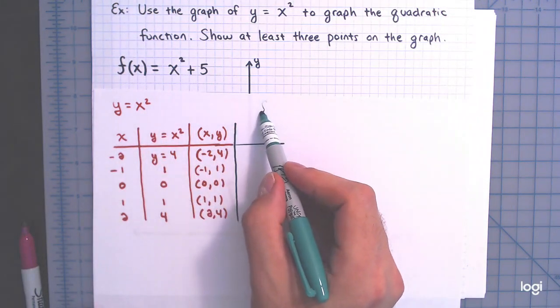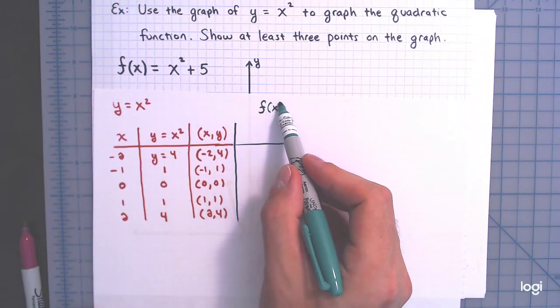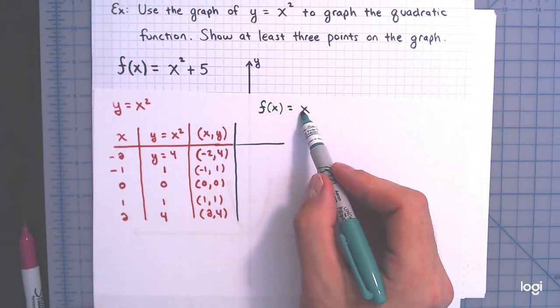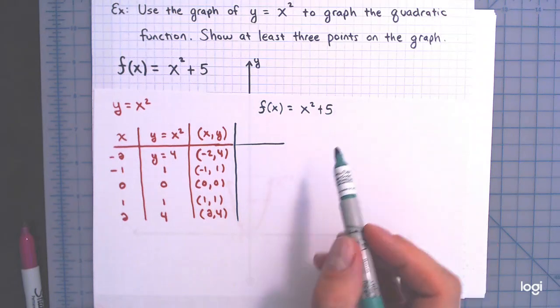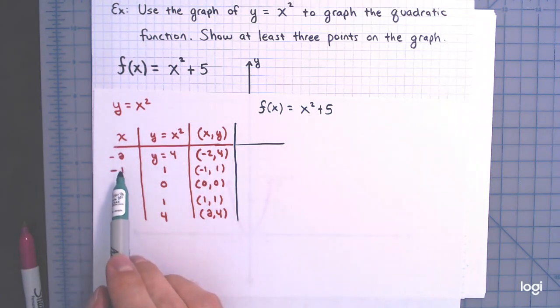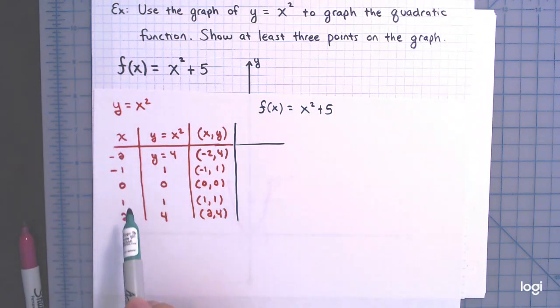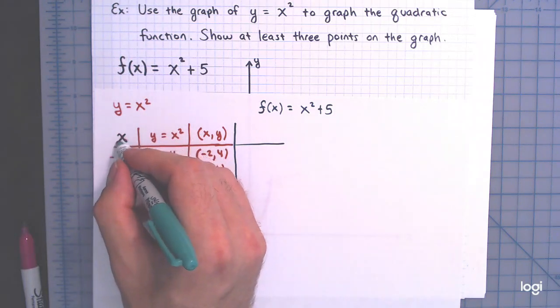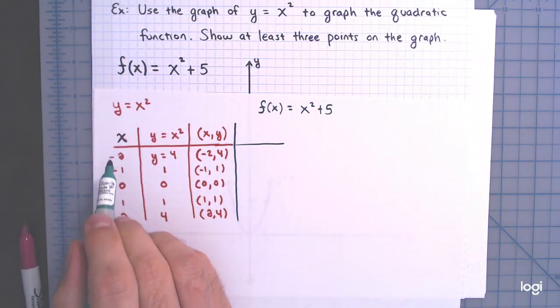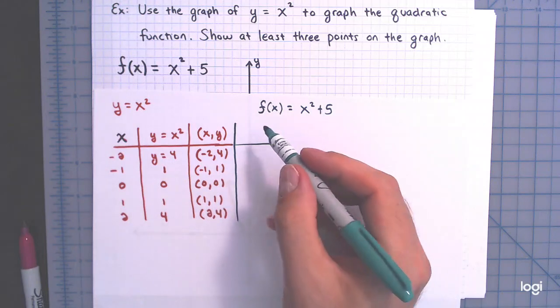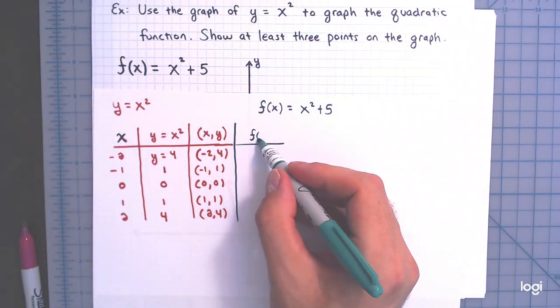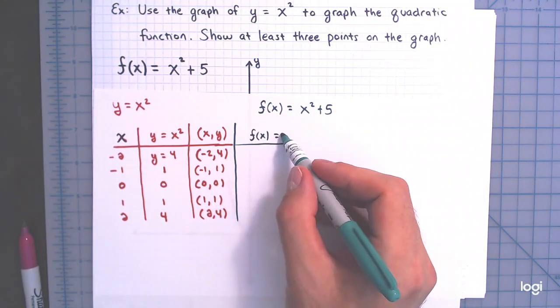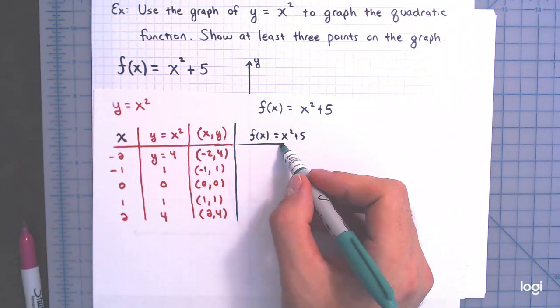So over here we're looking at f of x equals x squared plus 5. And I'm just going to plug in the same values for x. So this column here, still using these x's, -2 to 2. But now over here I'll calculate the outputs for this new function, f of x equals x squared plus 5.